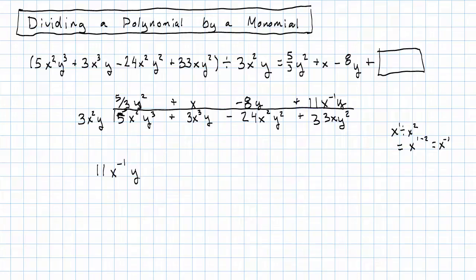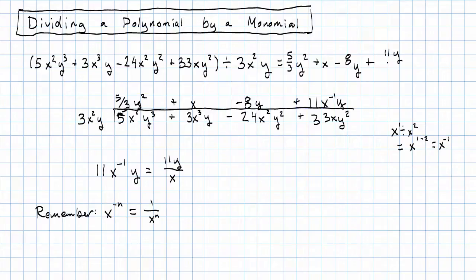I could just leave this term this way, but I want to make sure that anyone reading my answer doesn't mistake it for a polynomial. Instead of writing the negative exponent, I want to write x in the denominator. Remember, x to the negative n just means 1 over x to the n. So my last term is going to be 11y over x.